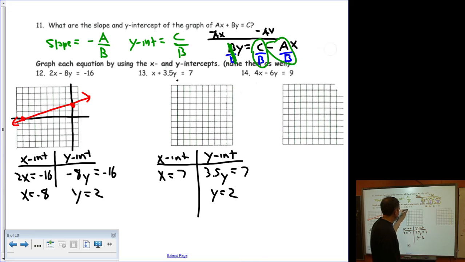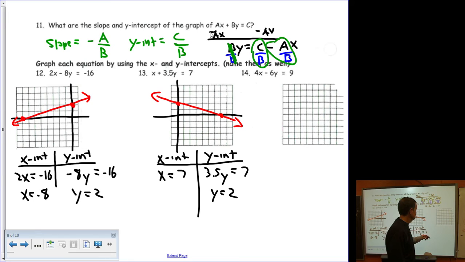So, x equals 7. I'm going to put the x-axis right there. Y equals 2. We'll go ahead and put the axis there. X equals 7. 1, 2, 3, 4, 5, 6, 7. Y equals 2. Those are my points where the line crosses the x and y axis. And I can just connect them, and I've got my intercepts.